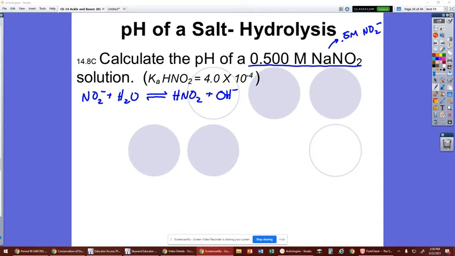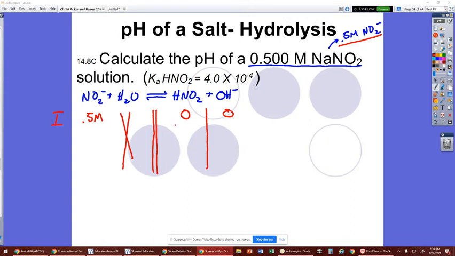So let's talk about what our initial concentrations were. As I mentioned up here, since this dissociates completely, we're starting off with 0.5 molar nitrite ion. Water is a liquid, so we will ignore it. Prior to any dissociation, or in this case hydrolysis occurring, the concentrations of our two product species is 0.